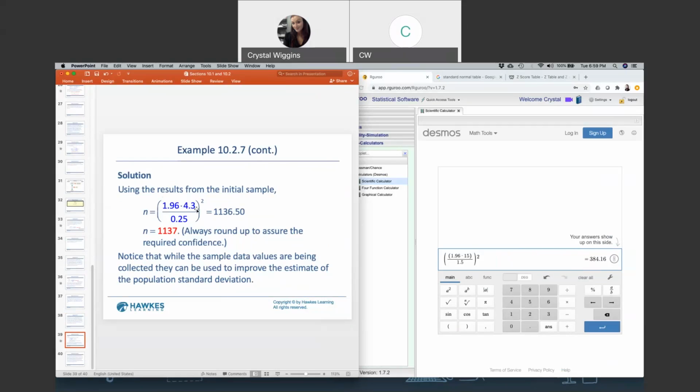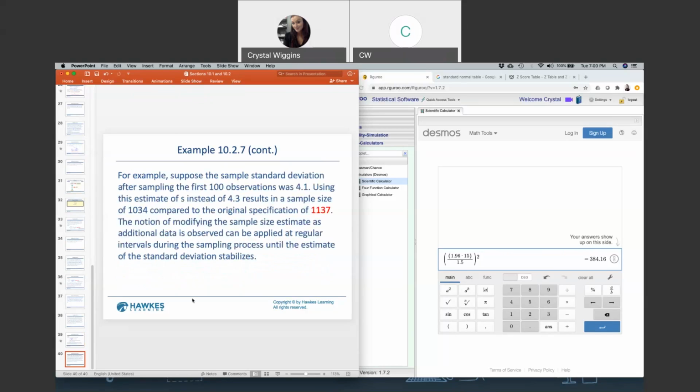Okay, we did need the standard deviation. We just didn't need the mean. And we divide by the margin of error of 0.25 and square it, giving us 1,136.5. Rounding up, 1,137 is our minimum sample size in order to make that criteria they wanted to happen.